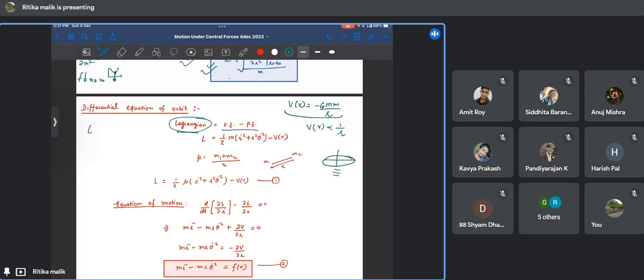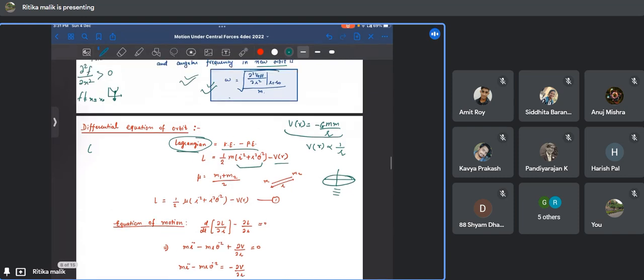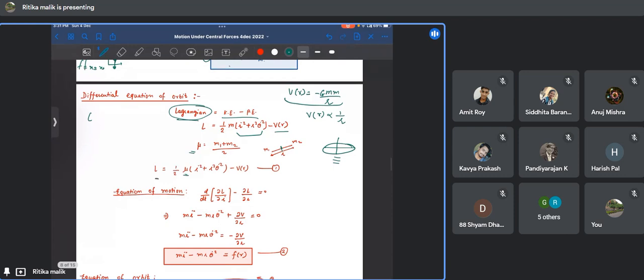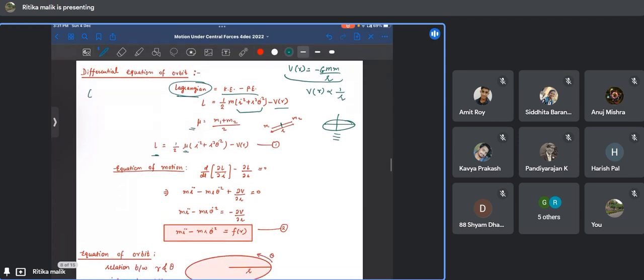So your kinetic energy is 1 by 2 m v square, we write the value of v square here, minus potential energy. And when you have two particles instead of one, you just take the reduced mass of these particles instead of m. So this is your Lagrangian, and the equation of motion in terms of the Lagrangian is given by this. So this is the formula for writing the equation of motion in terms of the Lagrangian.